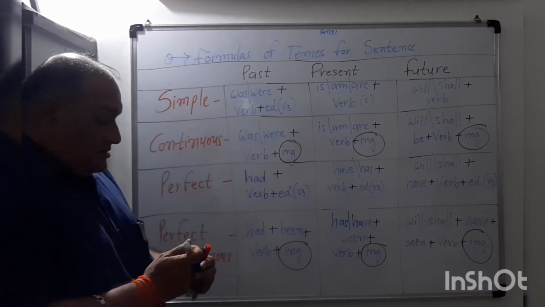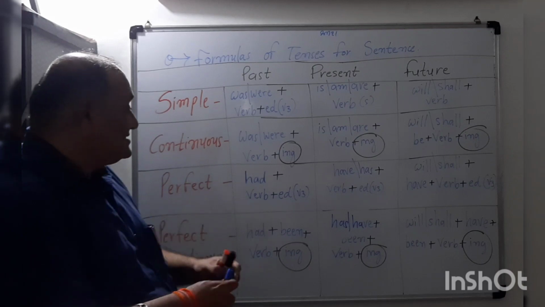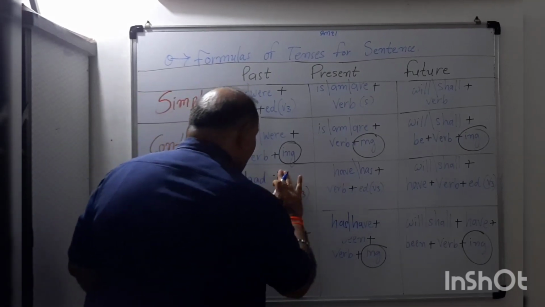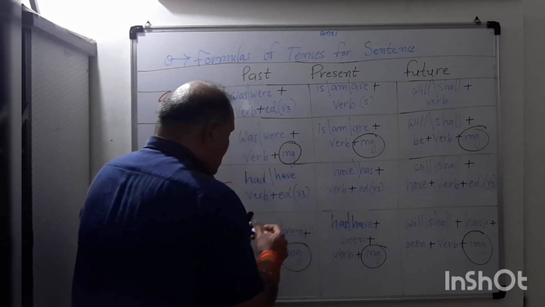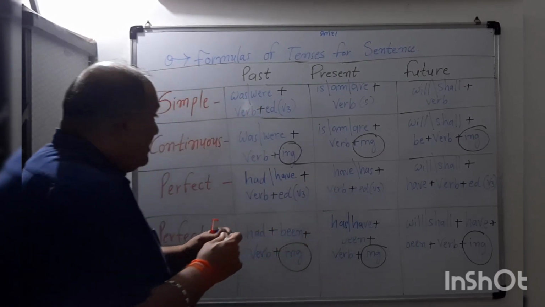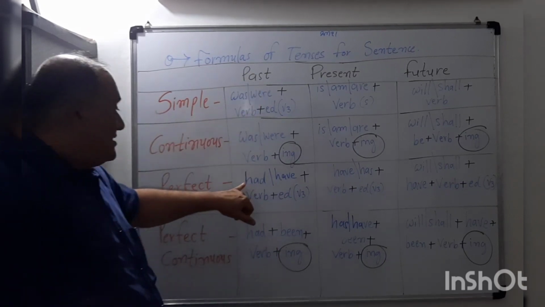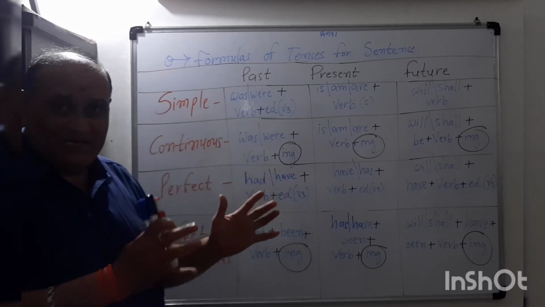Fine. Now the perfect: had or were, sometimes we also use have. We all know the rules of why or where we use have and had. So in past we have had for the singular. This is the basic thing.